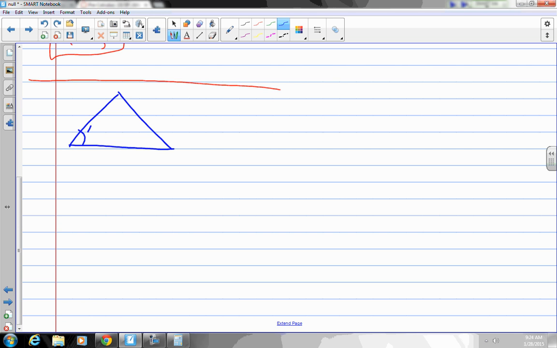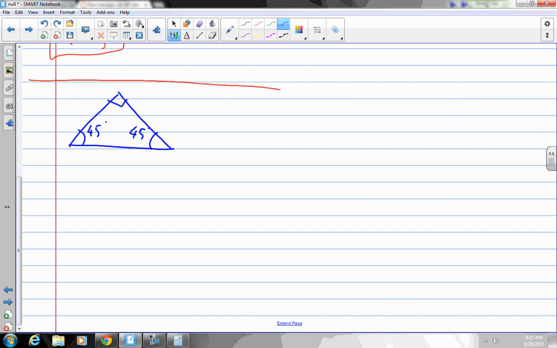45, 45. Okay. So all triangles that have these degree measures will produce the same ratios on the inside.